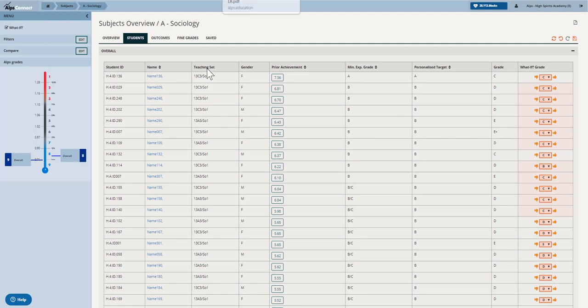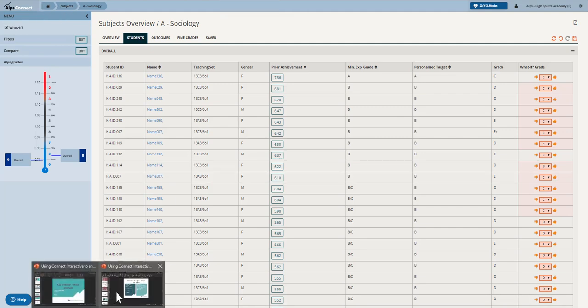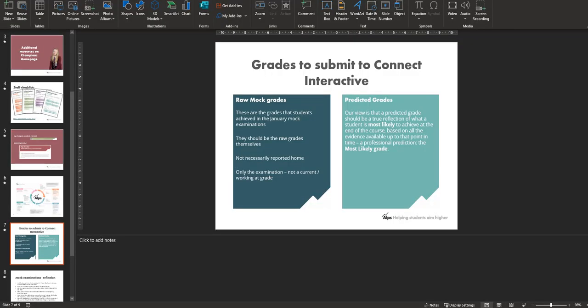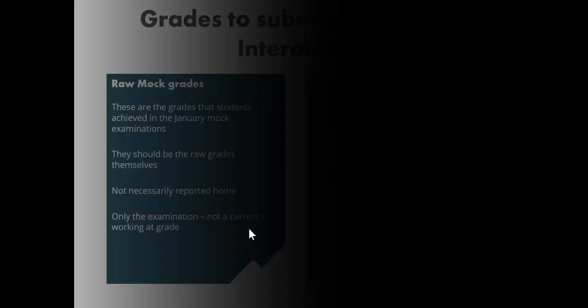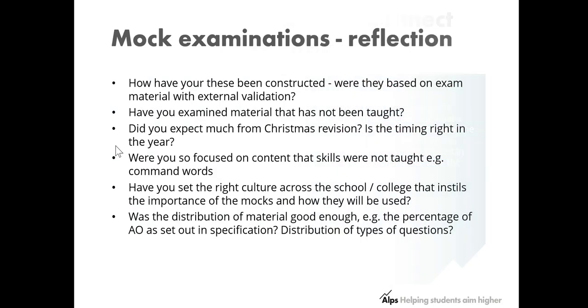Okay, so if we just finish off then by looking at what sort of questions you might get from your mock examinations. These are all in the handbook really, but just to start thinking about your mock construction. Do all your teachers have external examination questions in their mocks? Is there a good distribution of the different assessment objectives that are taught?